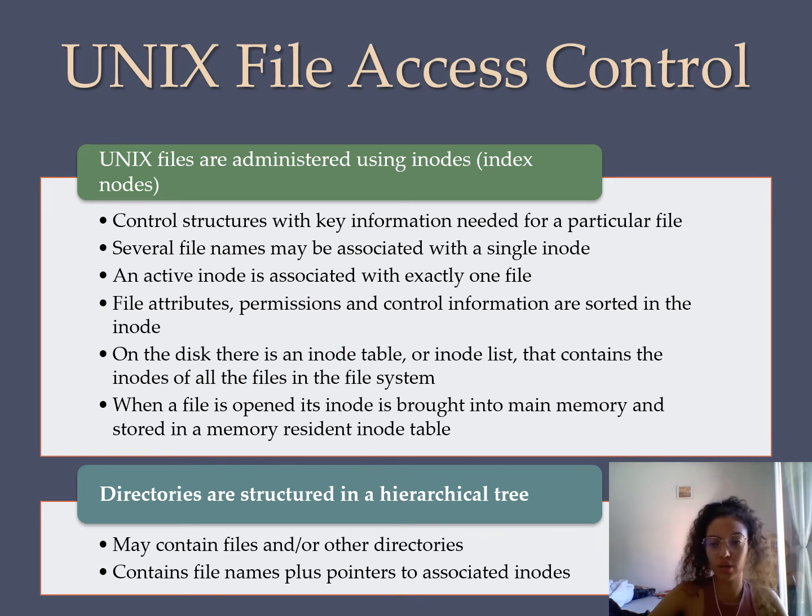As for Unix file access control, we first introduce several concepts concerning Unix files and directories. All types of Unix files are administered by the operating system by means of inodes. An inode, or index node, is a control structure that contains the key information needed by the operating system for a particular file.